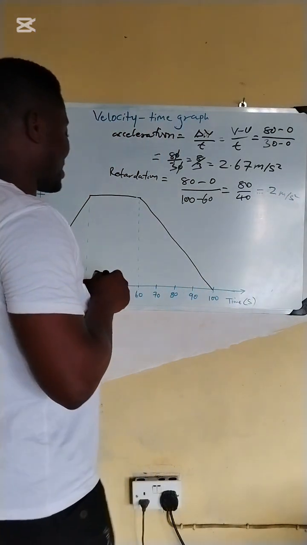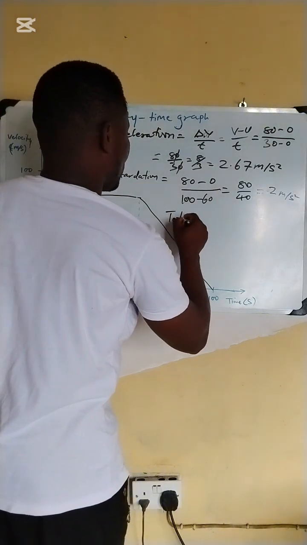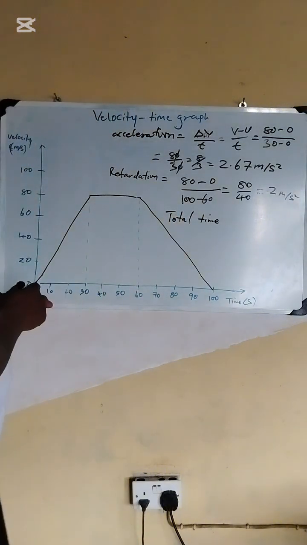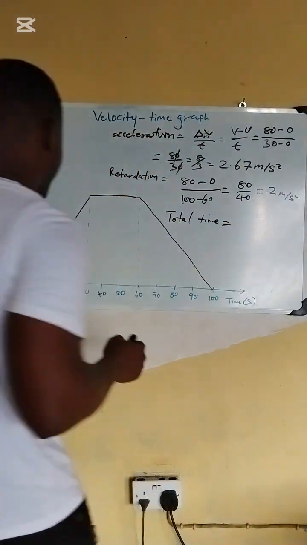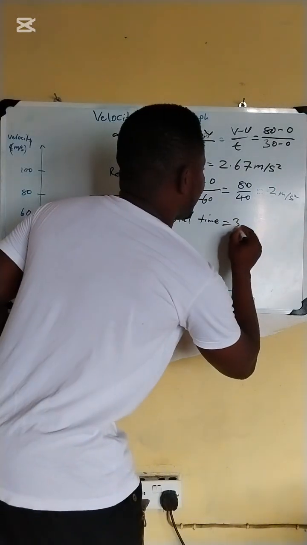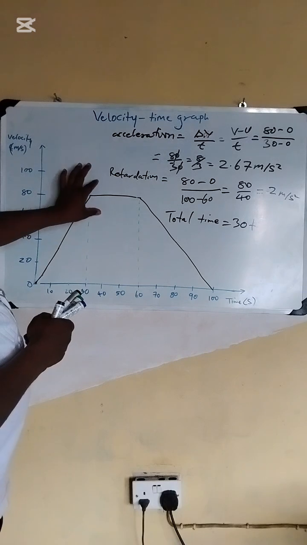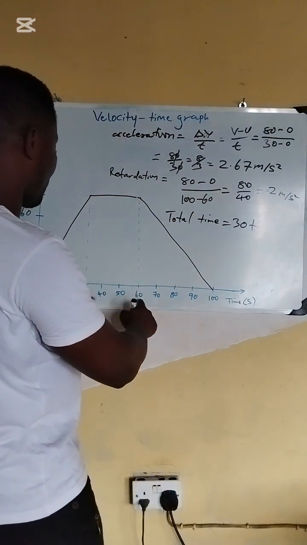Then the total time it takes the car for the journey. You write that, total time. From the graph here, you've seen that the total time is 100. But now look at it. The first stage of the journey takes the car 30 seconds, plus the second stage, which is the time the car maintains that constant velocity, is also 30, from 30 to 60 here.